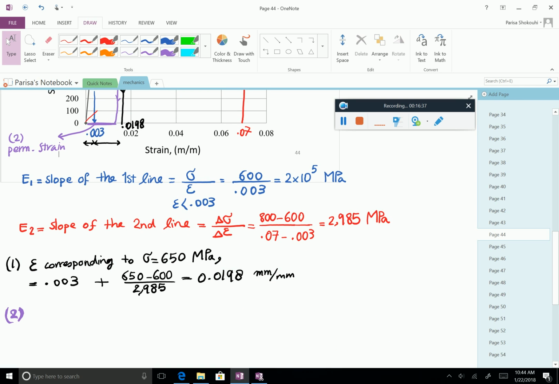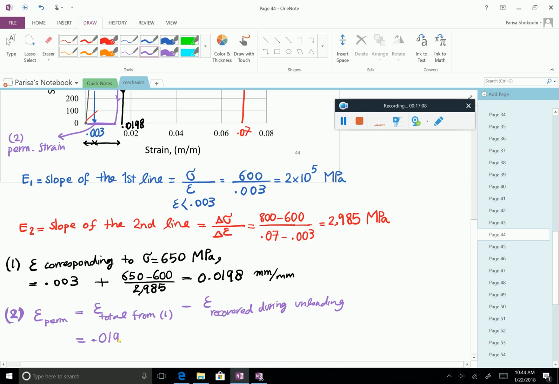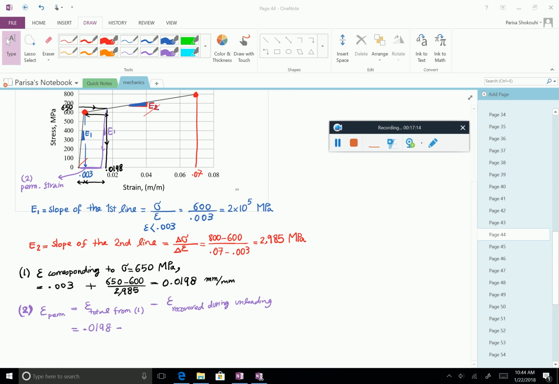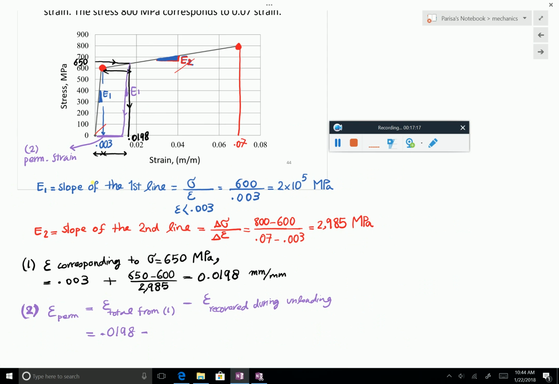So we say, okay, the permanent strain will be the total strain which we calculated in part 1 minus how much strain is recovered during unloading. So here we know that this was 0.0198, and the recovery calculation is even easier.